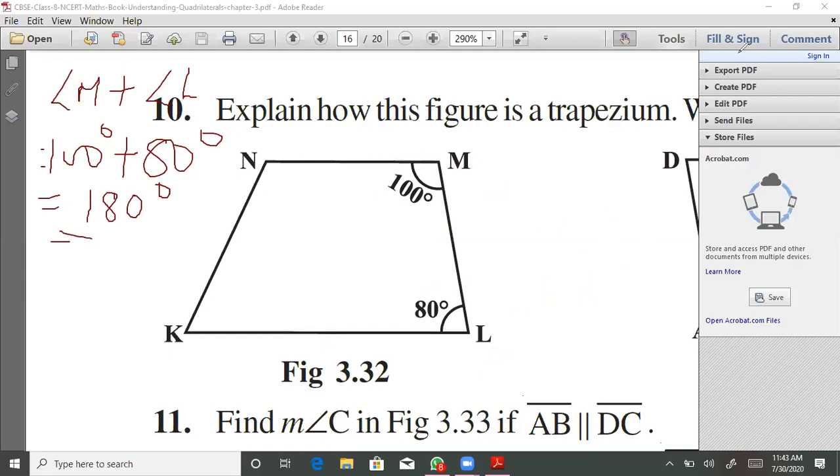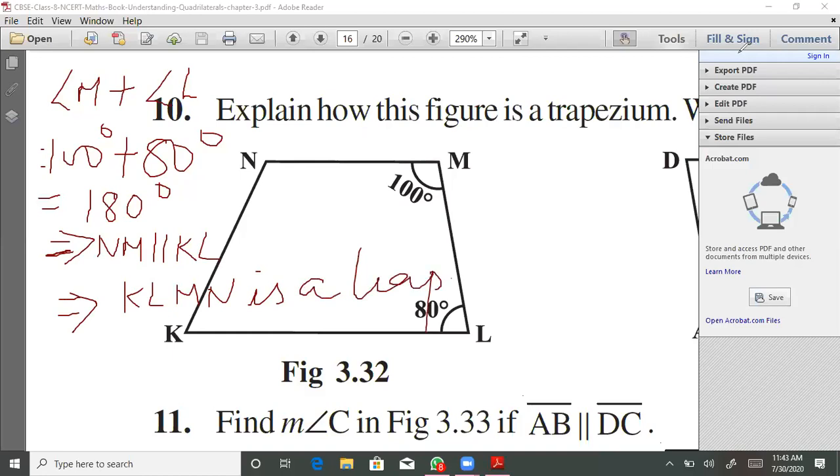This implies NM is parallel to KL. This implies KLMN is a trapezium here, as one pair of opposite sides is parallel. And why is it parallel? Because the sum of adjacent angles is equal to 180, then opposite sides will be parallel here.